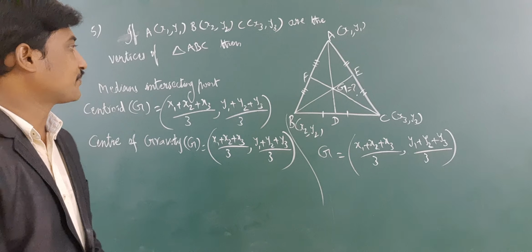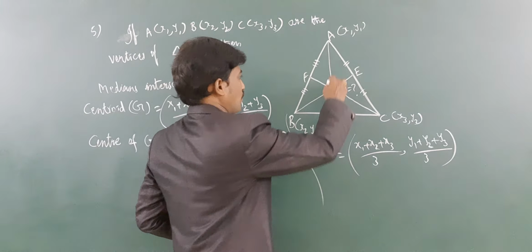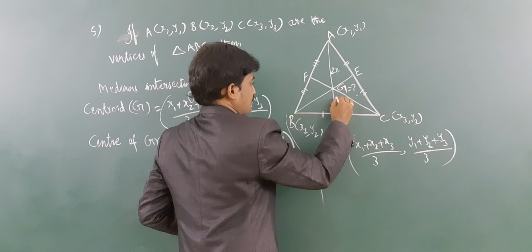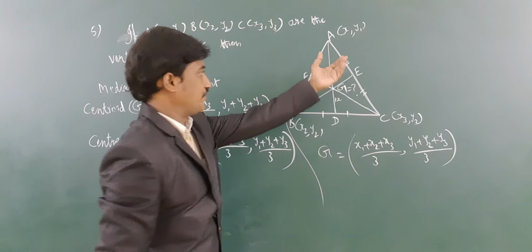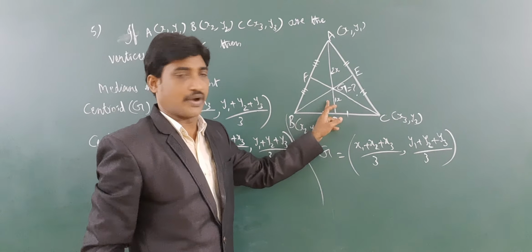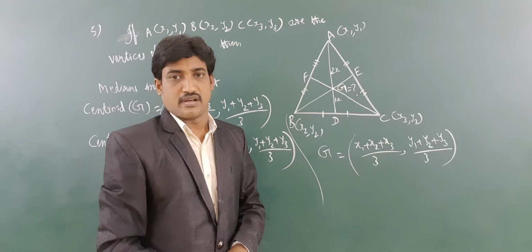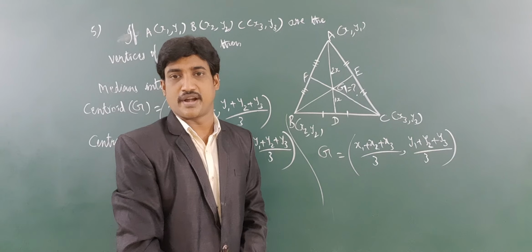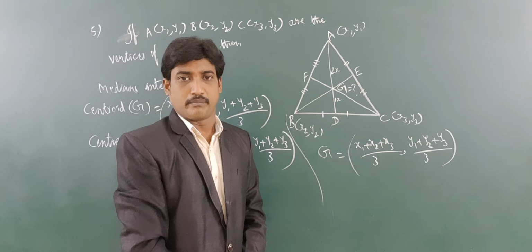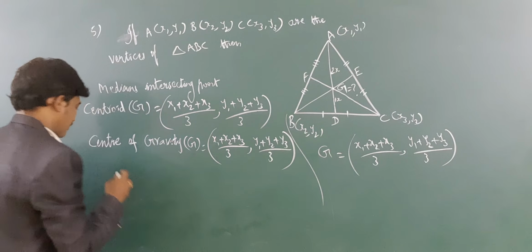And one more, centroid divides the median in the ratio 2:1, 2x, 1x. It is 2 into some constant, 1 into that constant. So AZ is to ZD is 2:1.